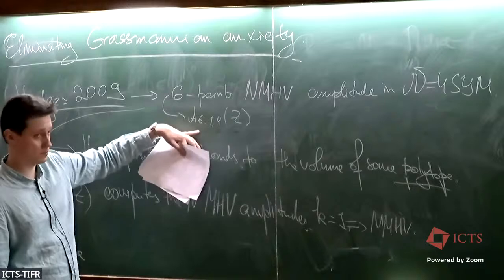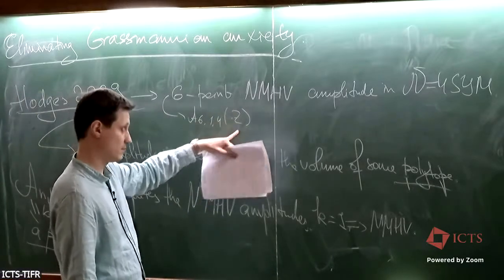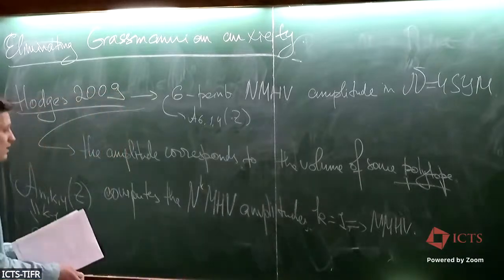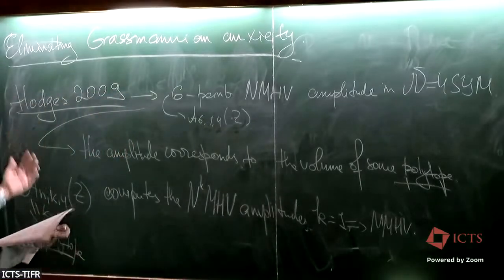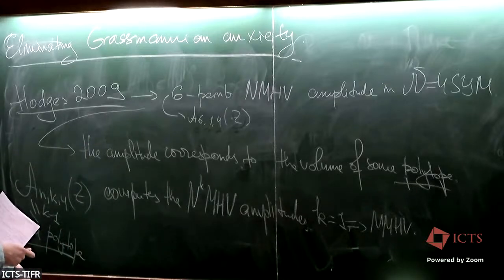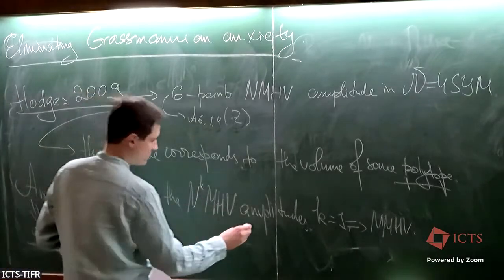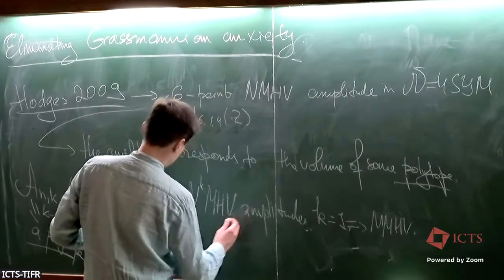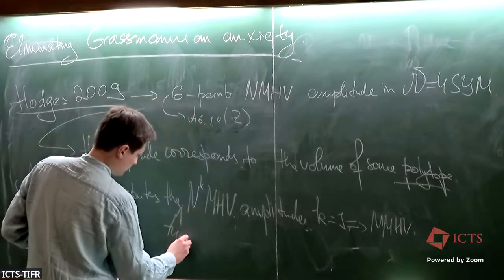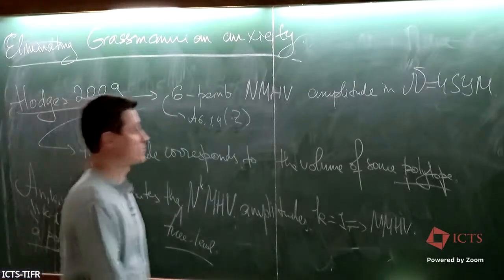So all of those numbers have a physical interpretation, and this is your kinematic data encoded in the matrix Z. And the Amplituhedron, which stems from the Grassmannian, computes these amplitudes. Again, this is the tree amplituhedron, the tree-level amplitude, and those amplitudes are computed by computing volumes of geometric sets.